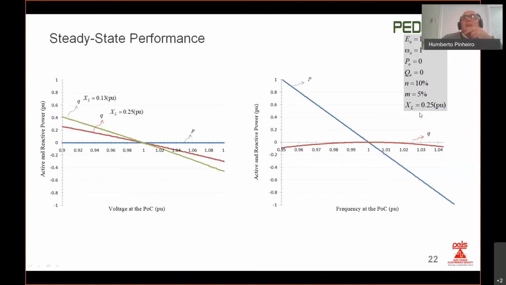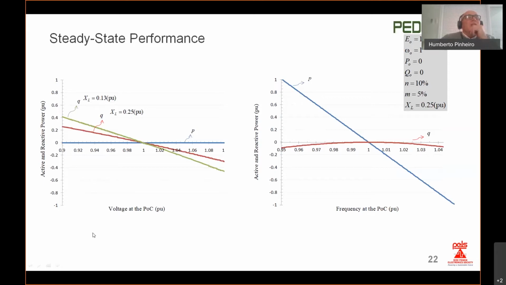So we set here a 5% droop characteristic, and when the frequency is 0.95 pu, we are delivering the full capacity of this DR, indicating that it behaves as desired. Okay, we see a coupling between active and reactive power, but it's not that relevant. What concerns more is the voltage, the voltage-var droop characteristic.